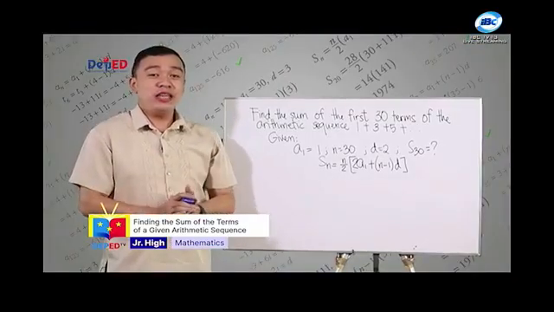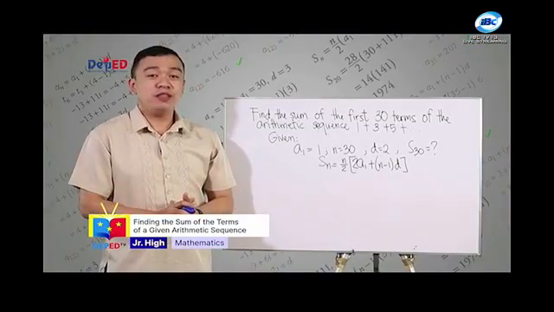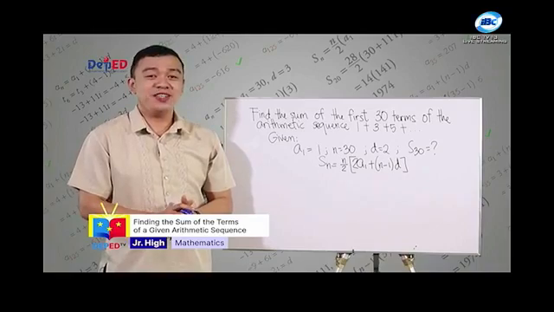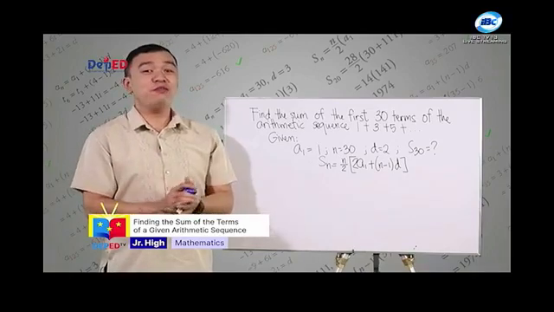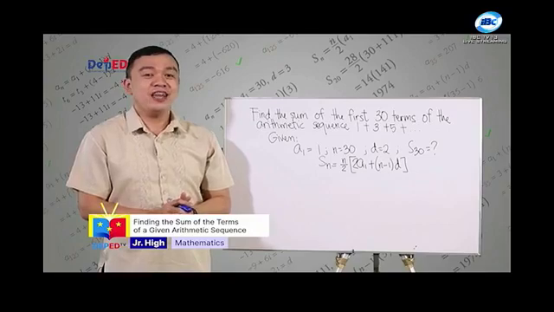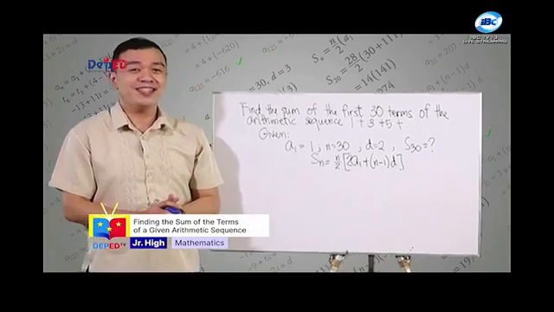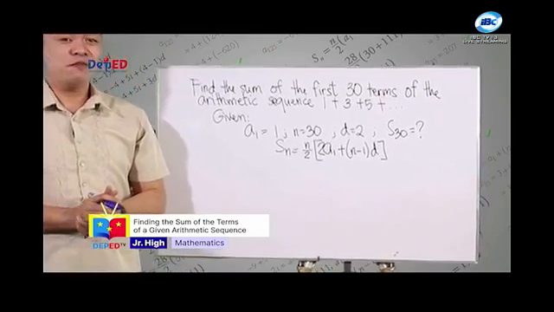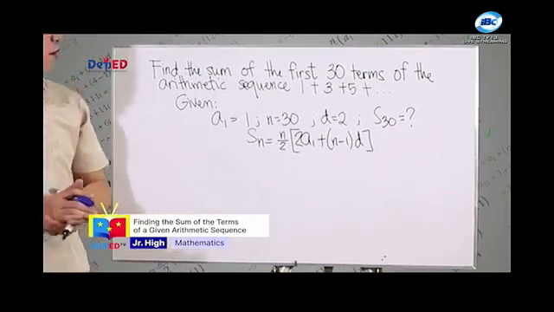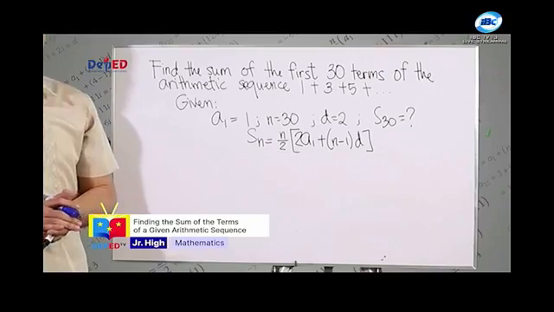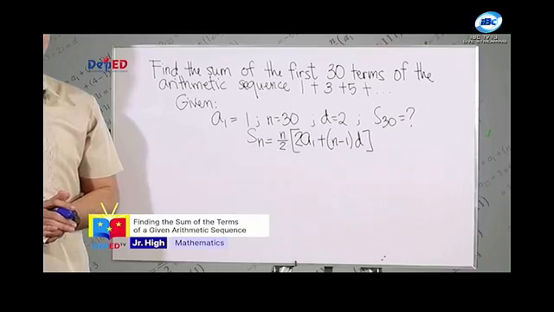After knowing all the needed concepts in finding the sum of an arithmetic sequence, let's try to answer the following exercises. Find the sum of each arithmetic series. The first one, find the sum of the first 30 terms of the arithmetic sequence 1 plus 3 plus 5 and so on.